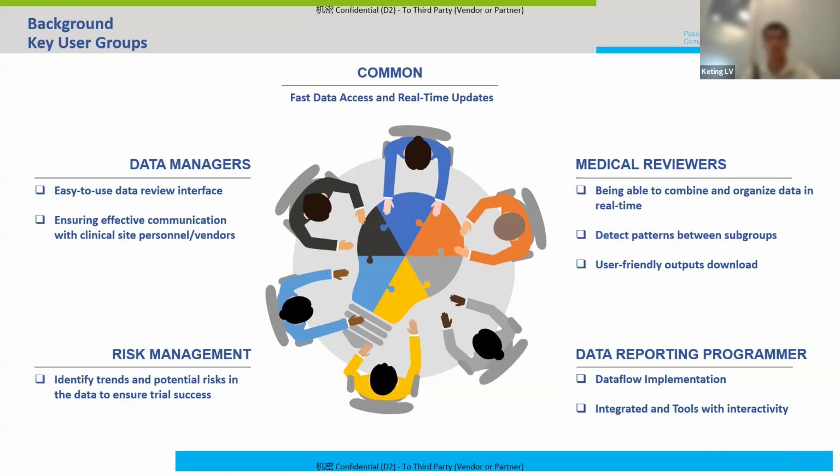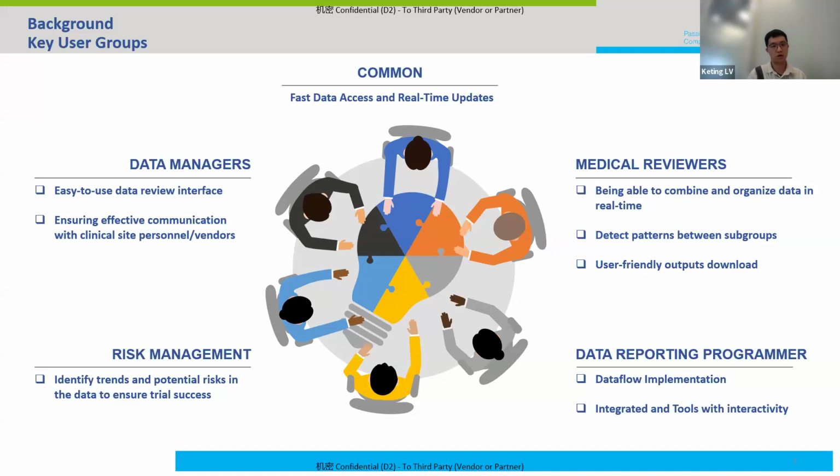As you can see, we also collect the requirements from the key user groups to assess their needs, design specifications, and the preferred usage of this tool. For example, what the data managers want is an easy-to-use data review interface and evidence to ensure effective communication with clinical site personnel or vendors.